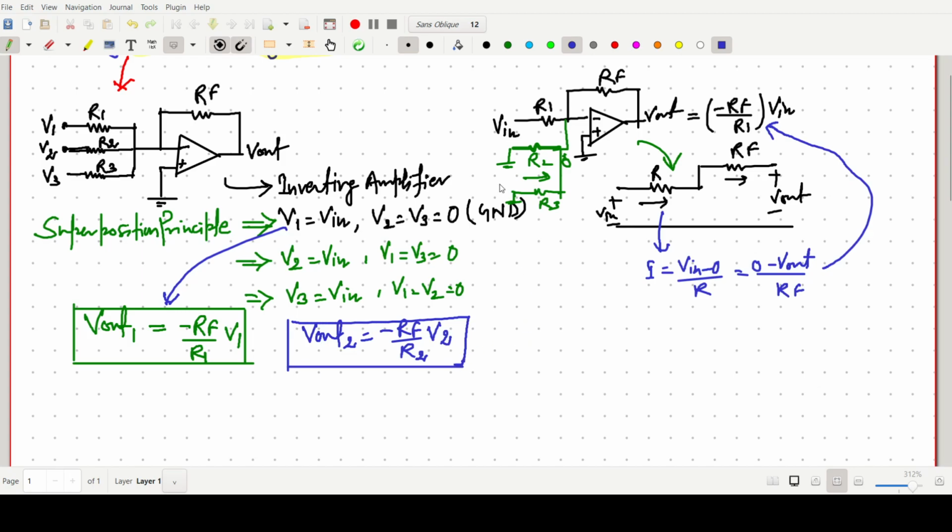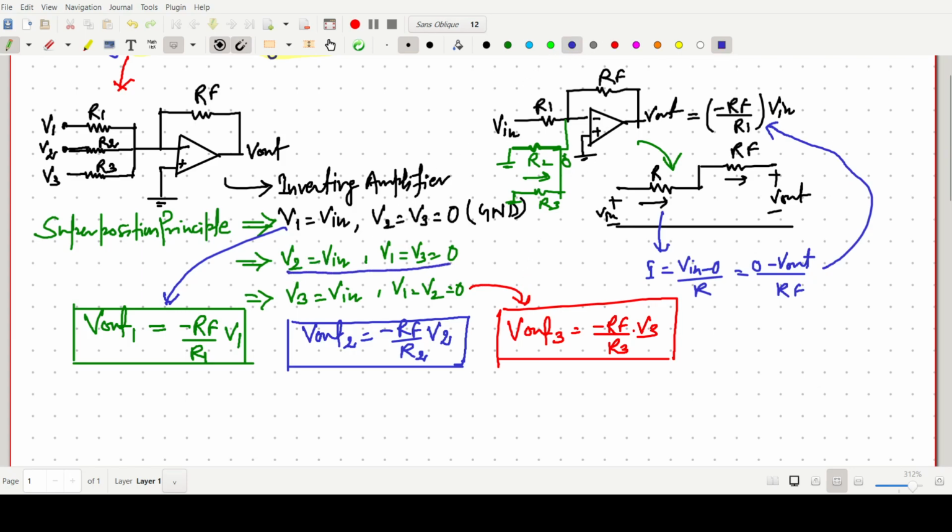Now the third one, we can easily write as v output 3 equals minus Rf by R3 into V3. Simple superposition principle I am using one by one. Okay, so this one for this case, and the middle one for this case. So this one is the final output.